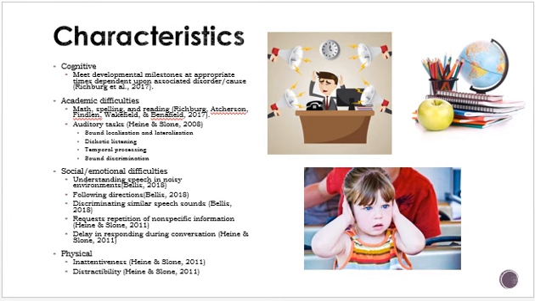Physical characteristics: you can physically see a student show inattentiveness and distractibility because of some of these difficulties in understanding speech in noisy environments, difficulty discriminating speech sounds, and difficulty responding during conversations because of this inability to discriminate sounds.